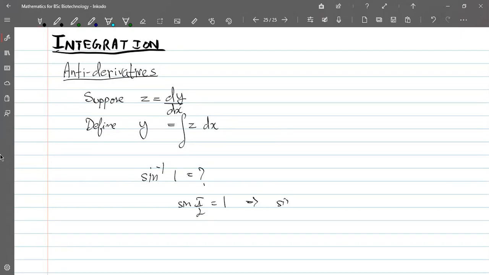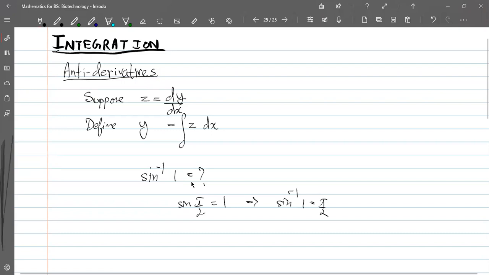Therefore, sine inverse of 1 must be pi by 2, right? This is a matter of recalling. You're not using a formula for computing this. But if I ask you what is sine inverse of 0.9, then you cannot get it without using a calculator. You don't know a formula for computing it.